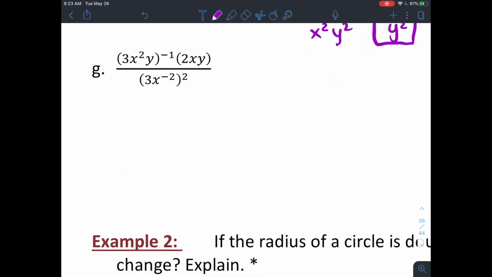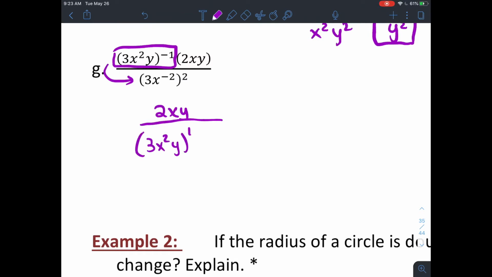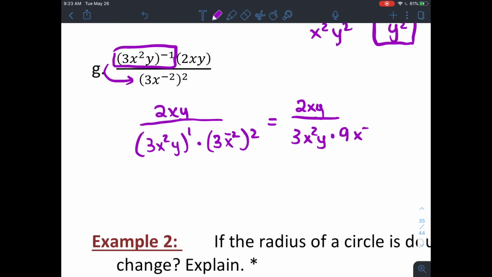G looks like a mess, but let's see. I'm going to go ahead and take that whole quantity that's to the negative first to the denominator, which just leaves me with 2xy on top. And then my quantity from the top is now to the positive first. And just rewriting. So let's work on that 3x to the negative second in the denominator. I'm just going to multiply my exponent in, so 3 squared is 9, and that'd be x to the negative fourth.